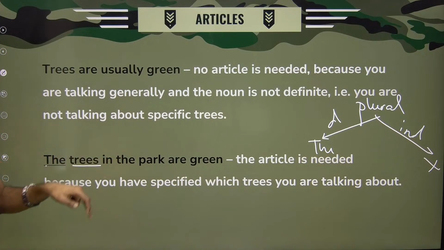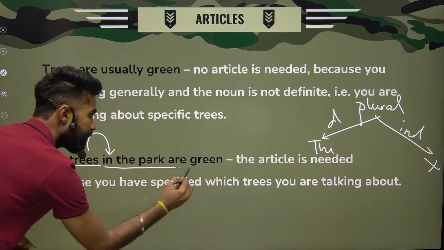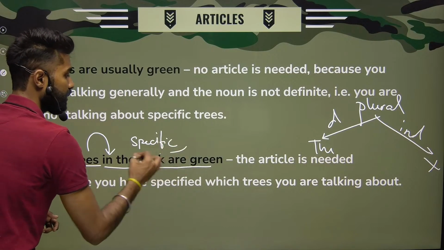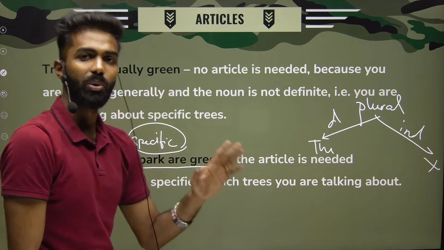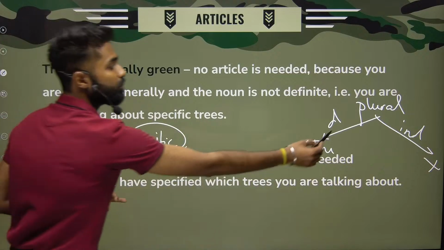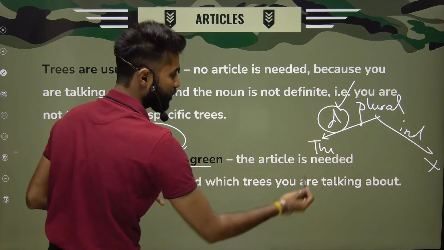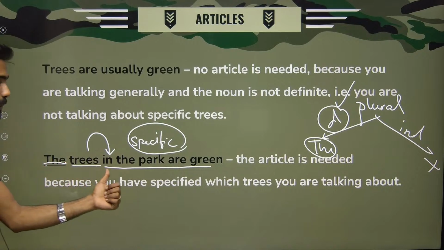Dash trees in the park are green. See here, I'm talking about the trees which are in the park. Okay, specific trees, not general. A particular set of trees which are in the park. Now it is not general. So plural and it is not general. It is definite. I'm having a detail about it. So I will use the. See, the trees in the park are green.